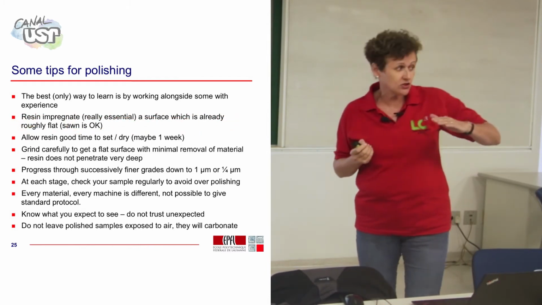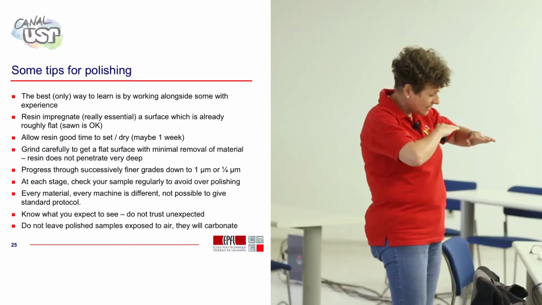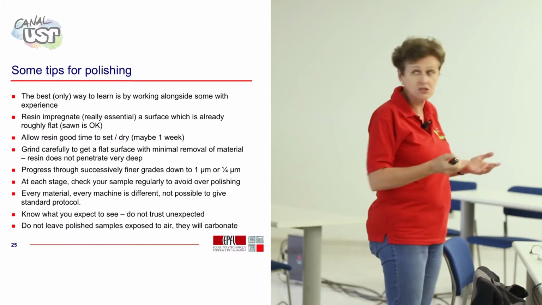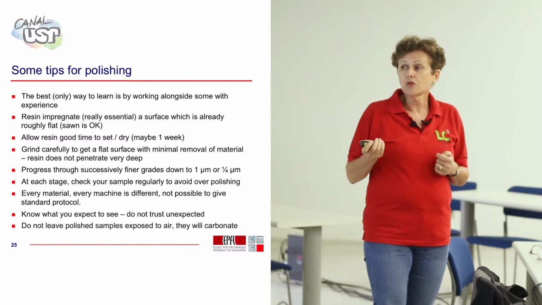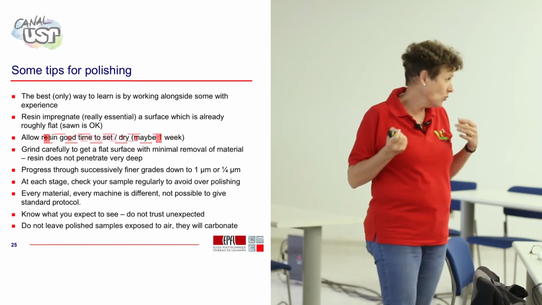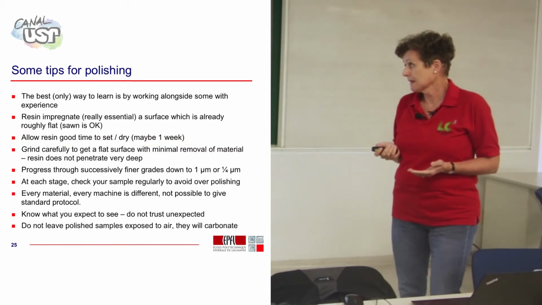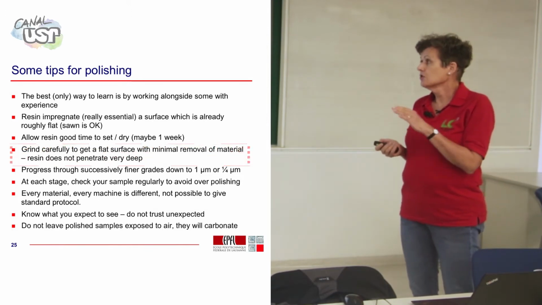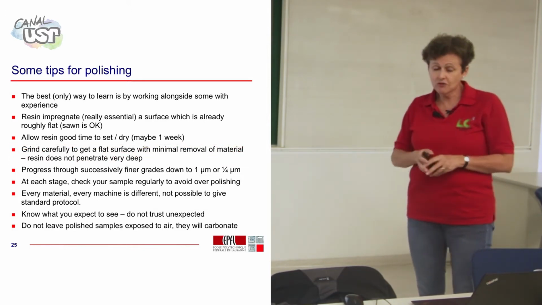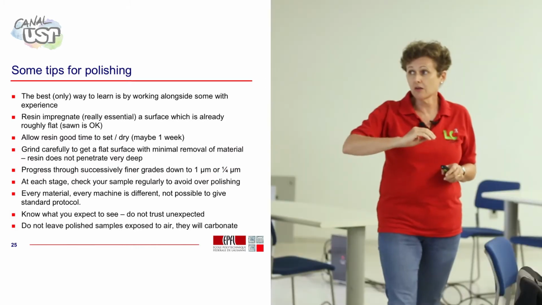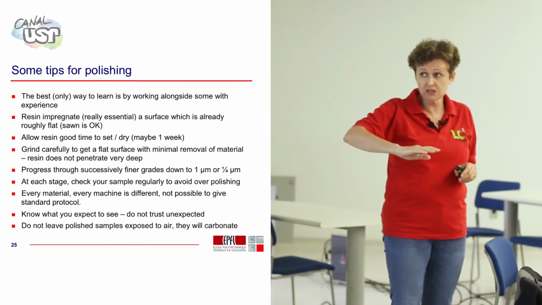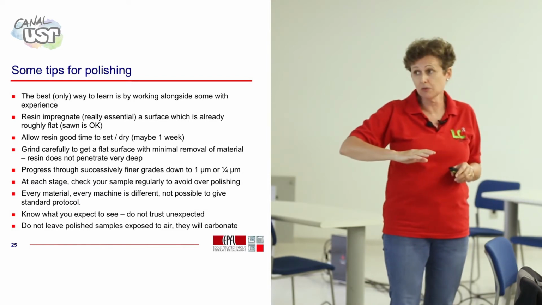You should cut your sample roughly, then impregnate the sample, and then polish. It's no good trying to impregnate the whole sample and polish. You've got to allow your resin good time to set, generally taking 1 week. Before you start polishing, you need to grind very carefully, generally by hand, to get a very flat surface with minimal removal of the material, so the resin doesn't go in very deep.